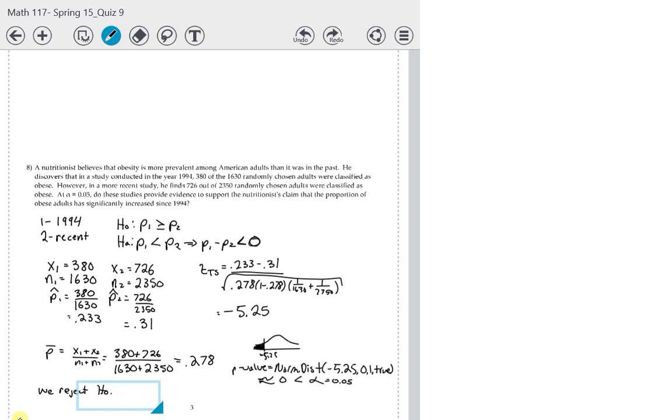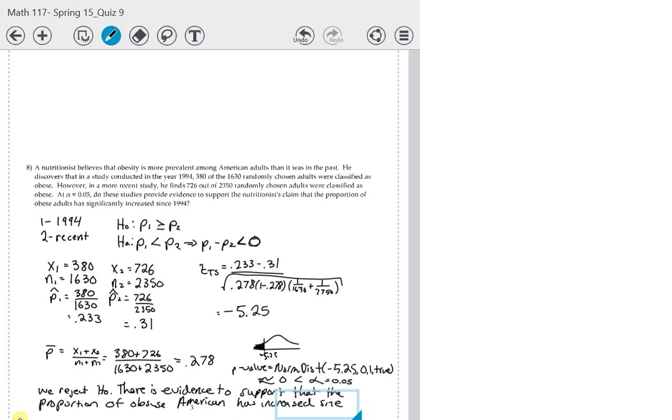We need to make this final statement that there is evidence to support that the proportion of obese Americans has increased since 1994.